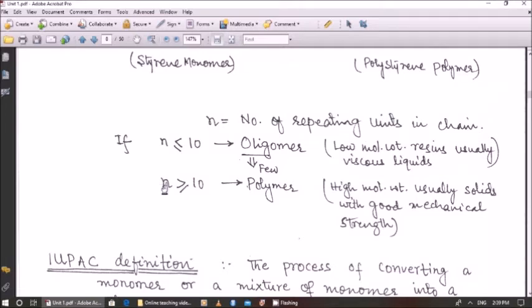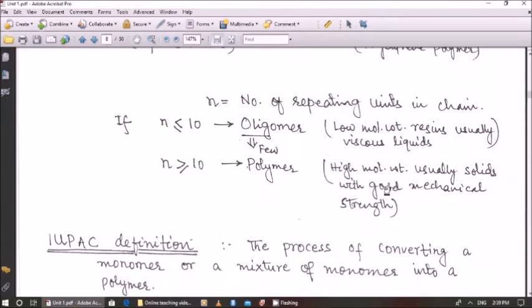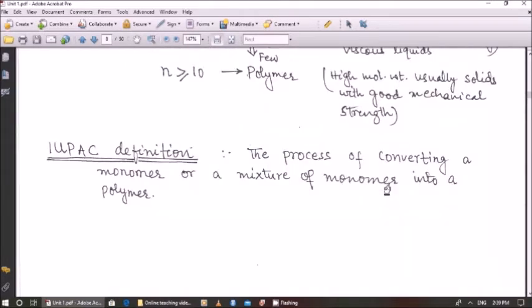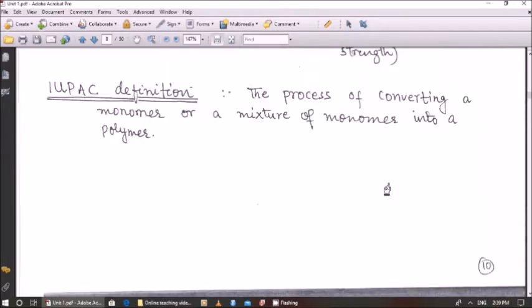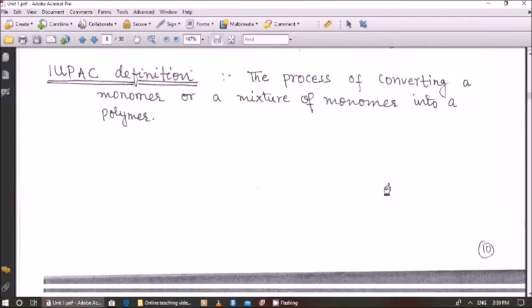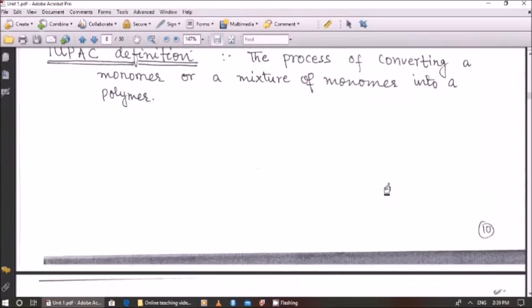Whereas if the value of n is more than 10, then it is defined as the polymer, and polymer is a high molecular weight and usually solid, and it has got good mechanical properties such as strength. So by IUPAC definition, the process of converting monomer or a mixture of monomer into polymer is known as the polymerization reaction. Okay.